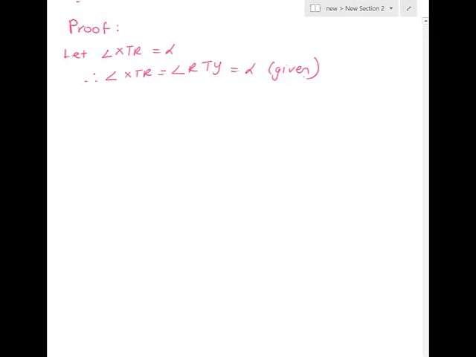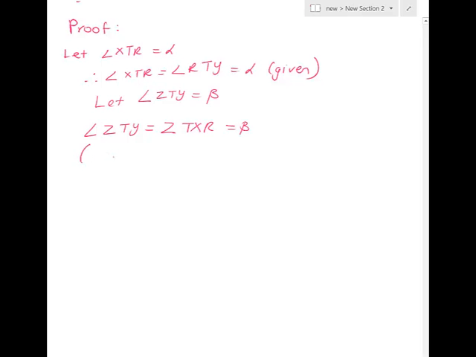The next step was we were looking at tangent properties. So we stated that we let angle ZTY equal beta, and we've shown that angle XTY is equal to angle TXR, and they're both equal to beta.